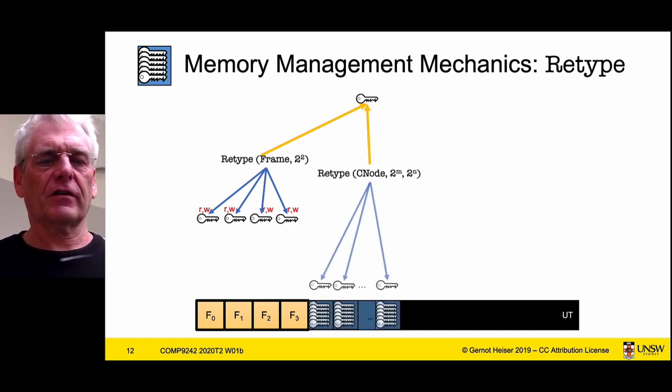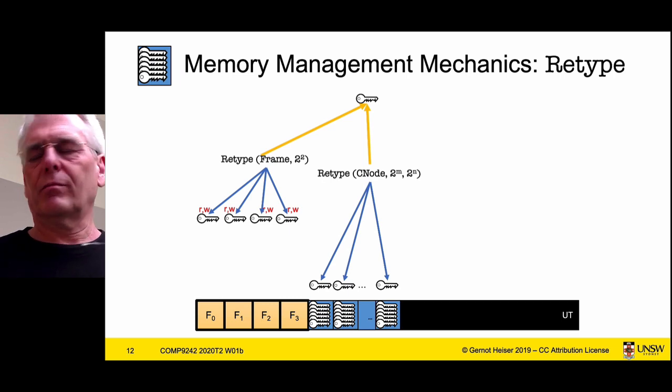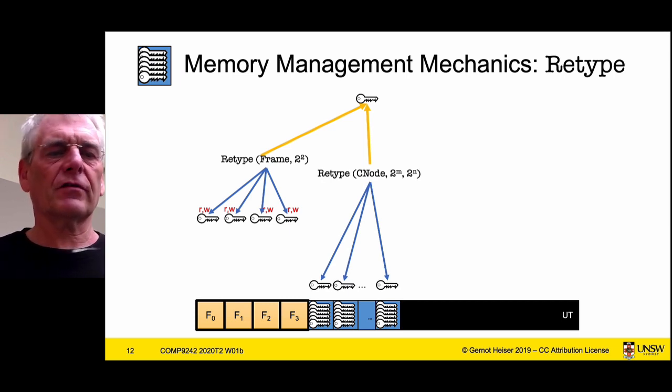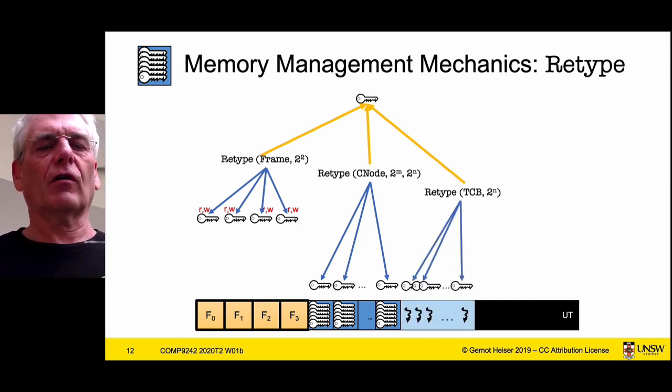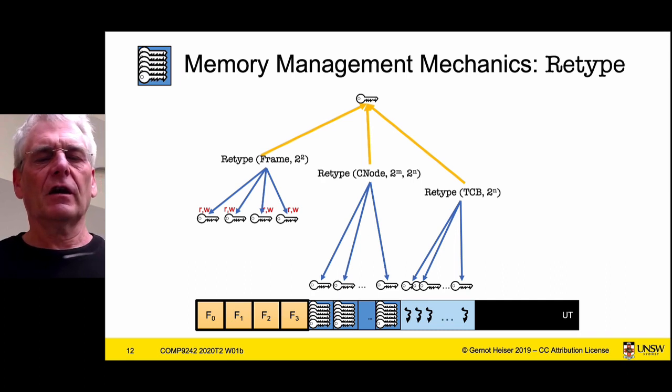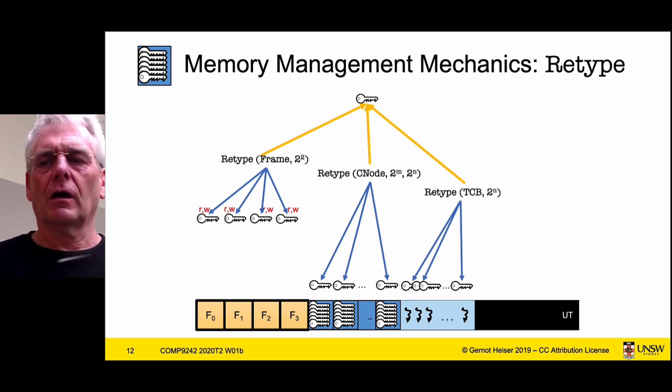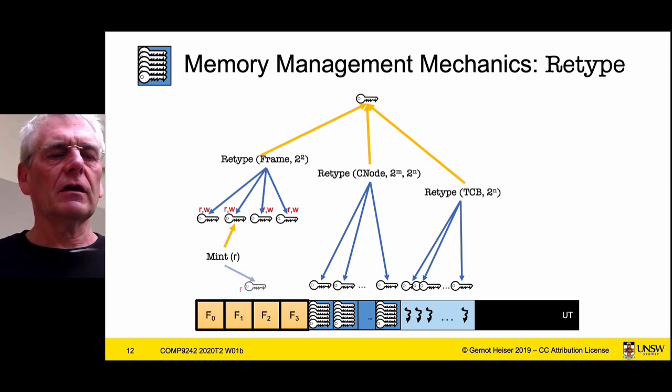And then we can say, okay, now I want C nodes to build protection domains. And so the kernel creates C nodes and capabilities to them and hands them back. And then we can say, okay, we now want threads. So we retype some of the untyped into TCBs. And now we have thread control blocks, which represent threads. And we can also, as we've seen, derive capabilities.